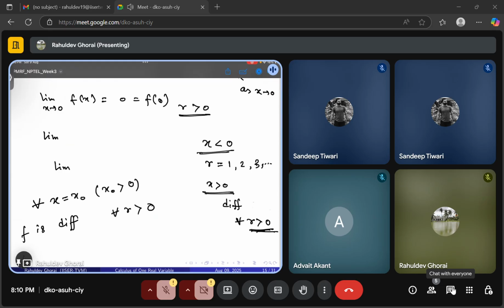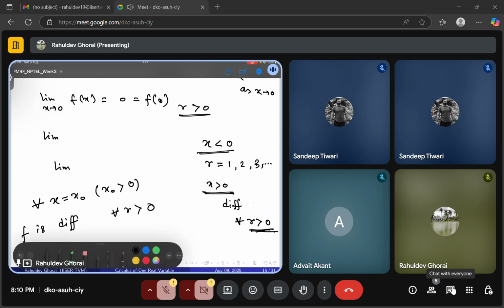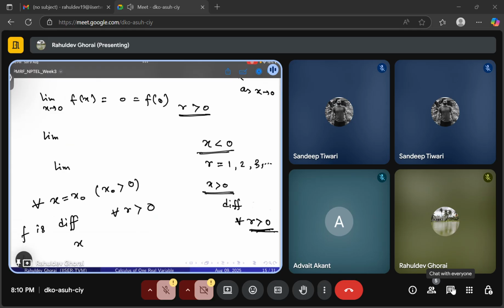But when x naught is less than 0, it is not even defined. So to make sure it is defined, r has to be like this, or 0 also it can be, but strictly greater than 0 is taken, so only then it will be differentiable.